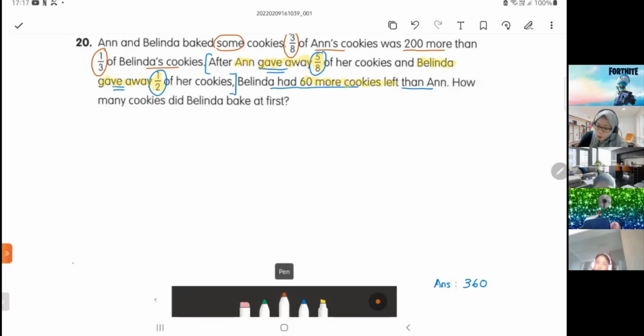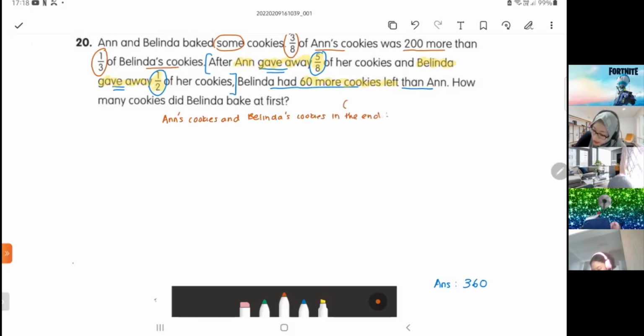So I'm going to find the relationship between Anne's cookies and Belinda's cookies, okay, in the end, which means left, which means this will be included later on.